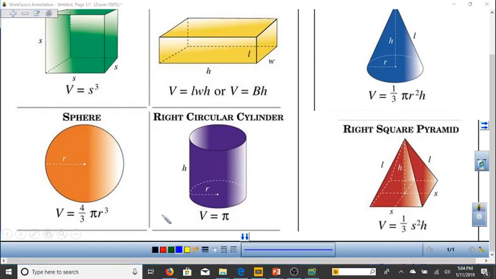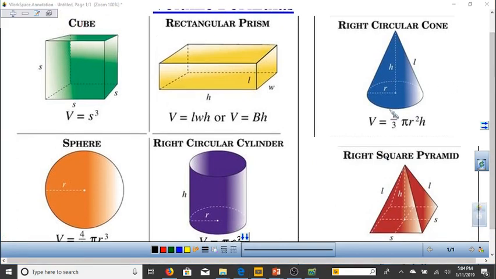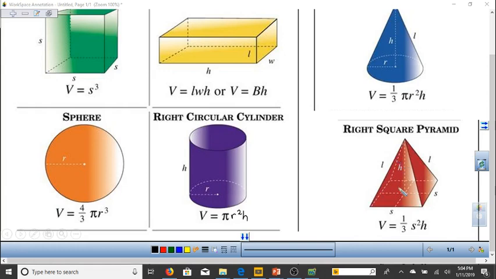So let's correct that at the moment. Pi multiplied by the radius squared multiplied by the height. And then, of course, for a cone, it's 1/3 pi times the radius squared times height. And for a pyramid, it's the area of the base times the height multiplied by 1/3.